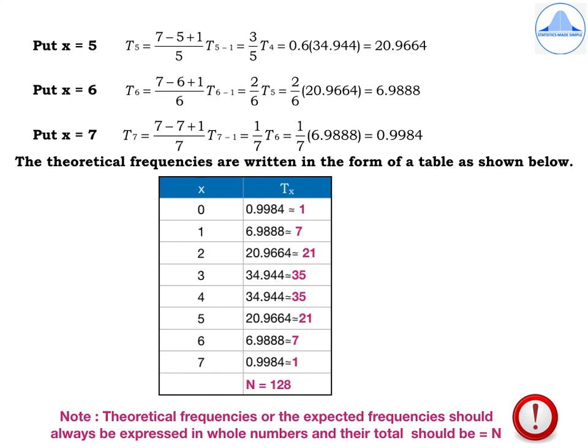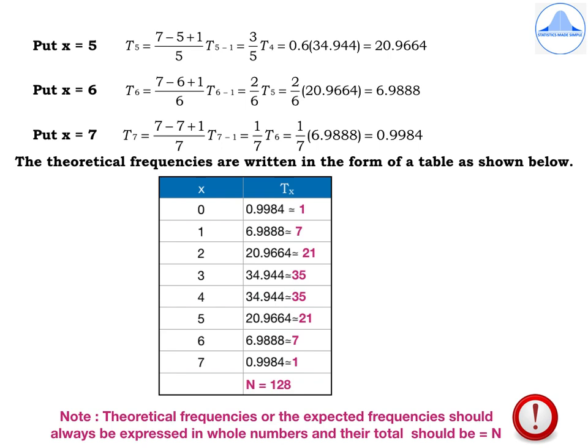Similarly, 34.944 is equal to 35. And the next few values are approximated to the closest whole number. So it results in 35, 21, 7 and 1.